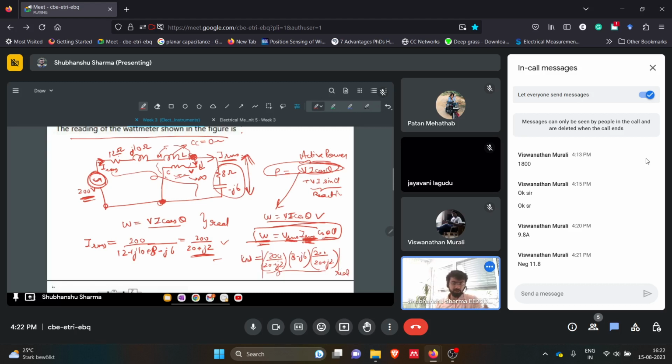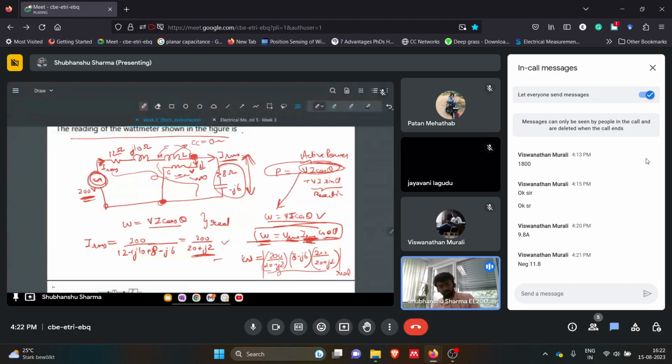If you calculate in the phasor, that will be easy for you, because then you won't have to calculate the theta value separately. Just solve this thing. You will get some real part plus j times some imaginary part, and your reading will be the real part of that.